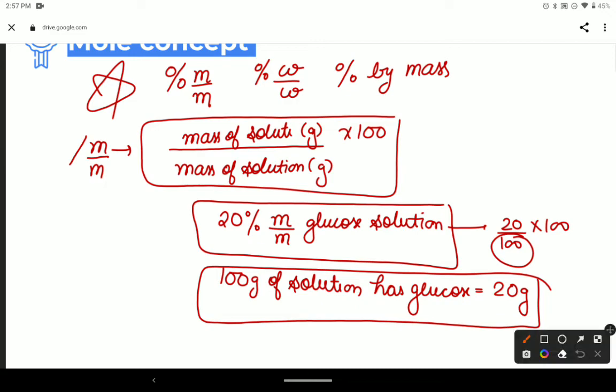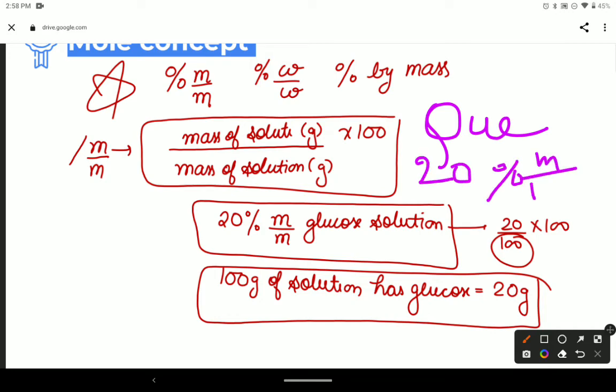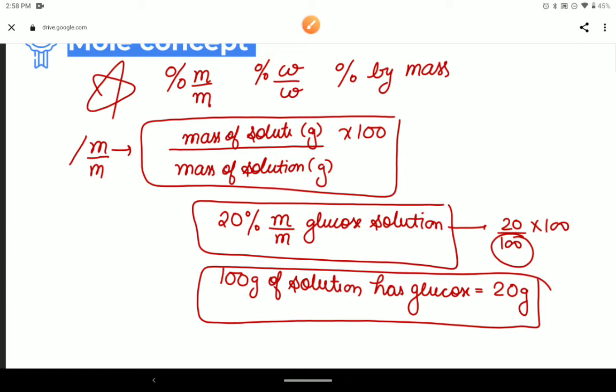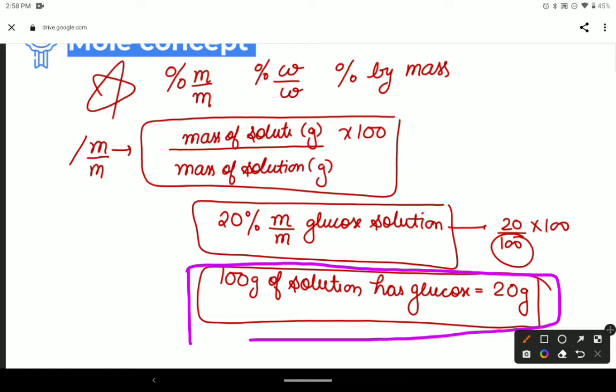That means in 100 grams of solution, the glucose present is 20 grams. That is, the weight of solute is given.